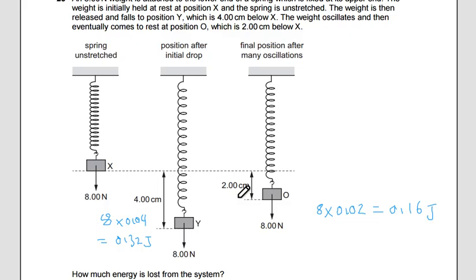is still elastic, and we can calculate it by the formula half F x. F here is the weight, which is 8, and x is the extension, which is 0.02.